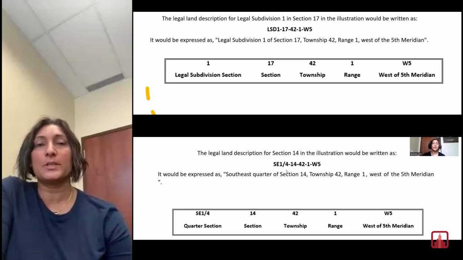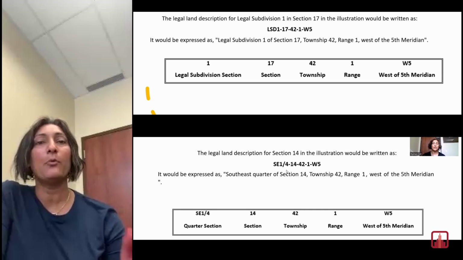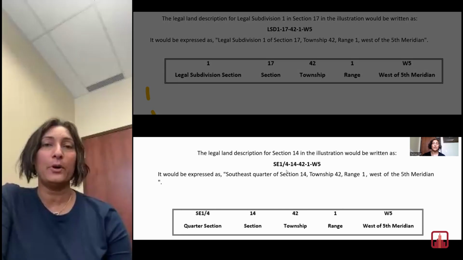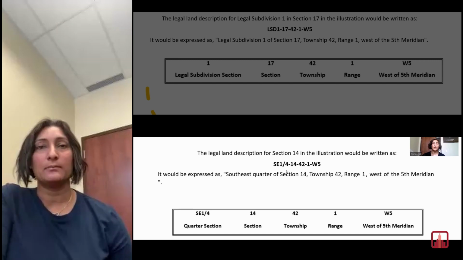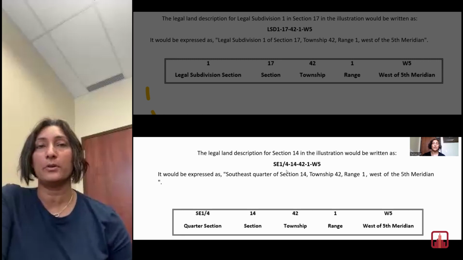Okay. So always start from the left. From the left, there are only two options that you can have, right? Either it will say 1/4, and if you see 1/4, it's always a quarter section. Beside the 1/4, you can have SE for southeast, SW for southwest, NE for northeast, or NW for northwest.